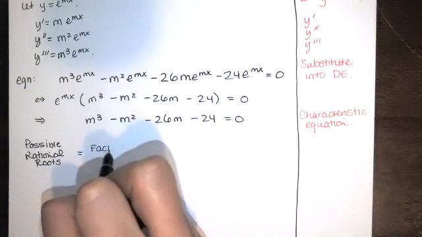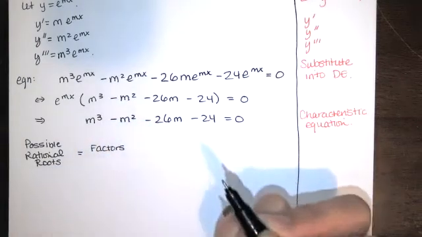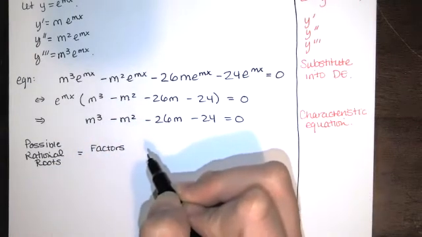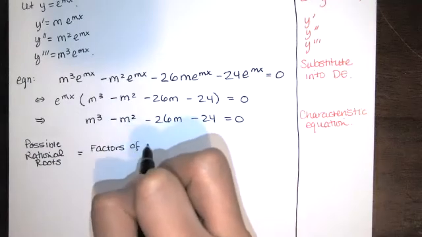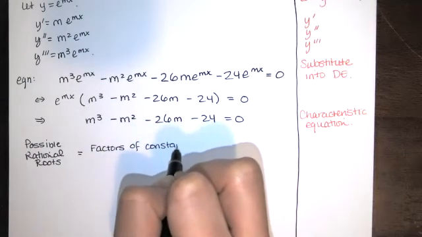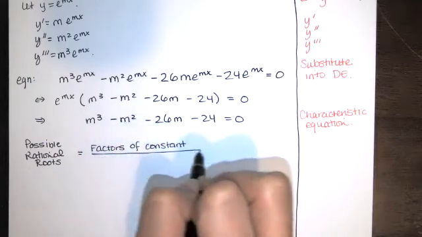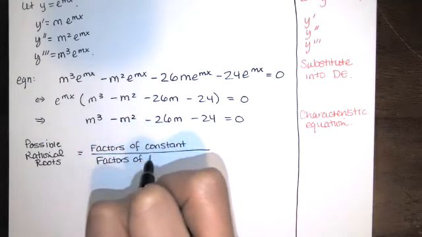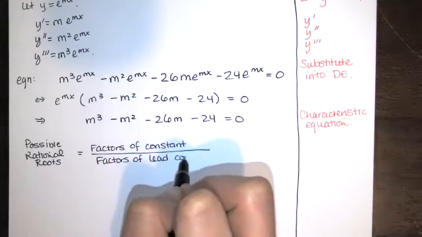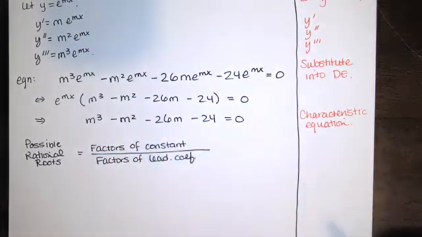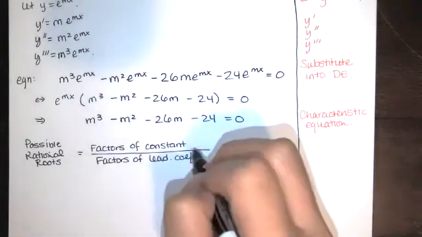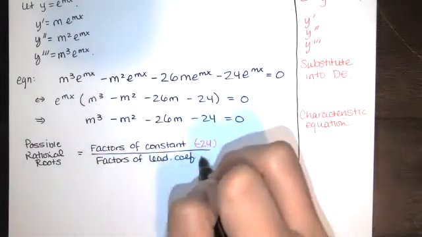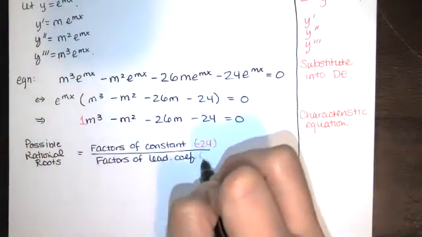The possible rational roots of this polynomial equation can be found using the factors of the constant term, and then dividing the factors of the constant term by the factors of the leading coefficient. The constant term is negative 24, and the leading coefficient is an implied 1.